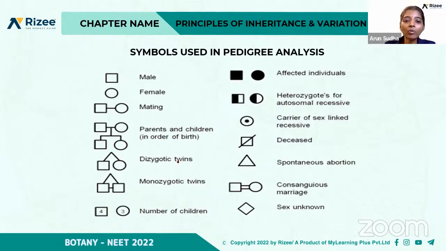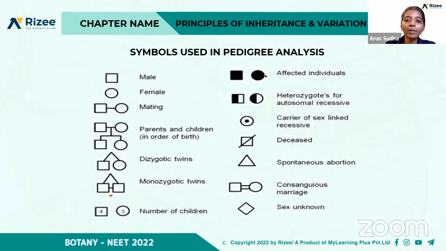Then dizygotic twins are also represented, from a single mating: two sons and a daughter, right? These are monozygotic twins, which are linked together. And then the number of children, for example 4 males and 3 females, are represented like this.